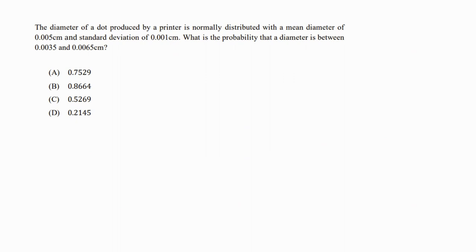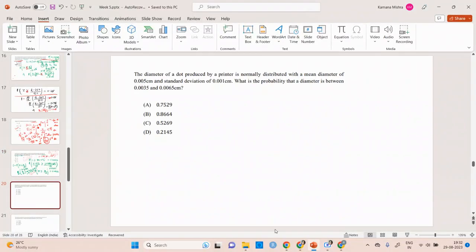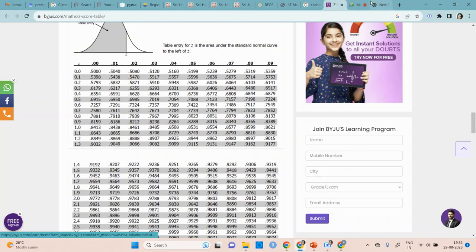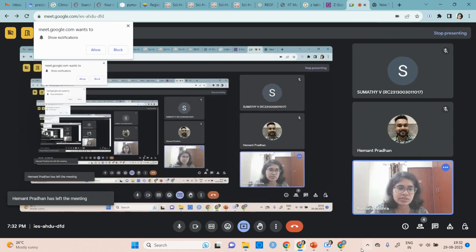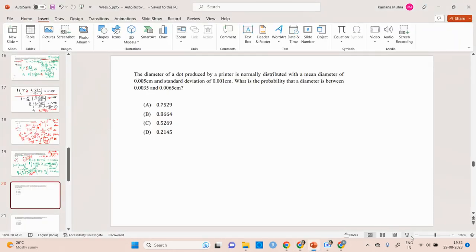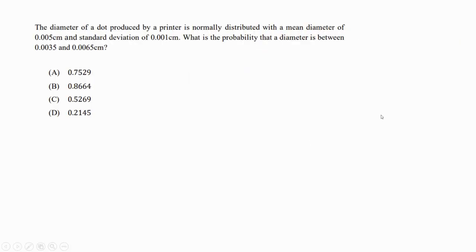Now, the next question we have here is that the diameter of a dot produced by a printer is normally distributed with a mean diameter of 0.005 centimeter and the standard deviation of 0.001 centimeter.